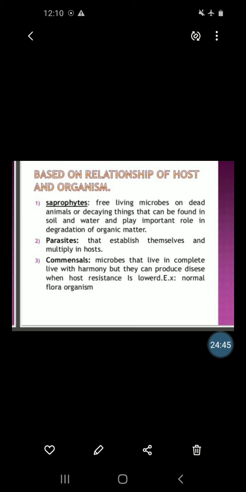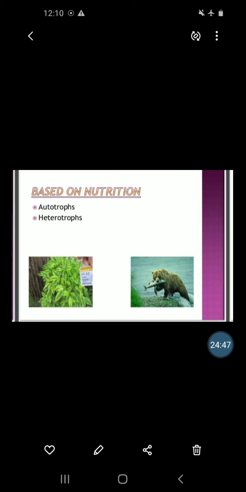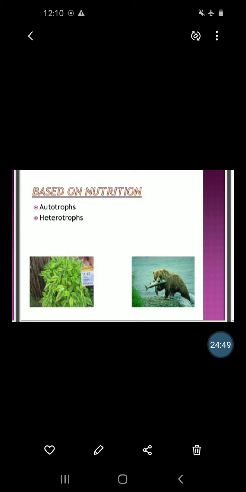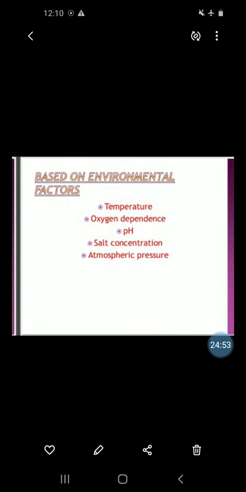Example, normal flora organisms. Then next is based upon nutrition: autotrophs and heterotrophs. Then next classification based upon environmental factors, for example temperature, salt concentration, pH, oxygen dependence and atmospheric pressure.